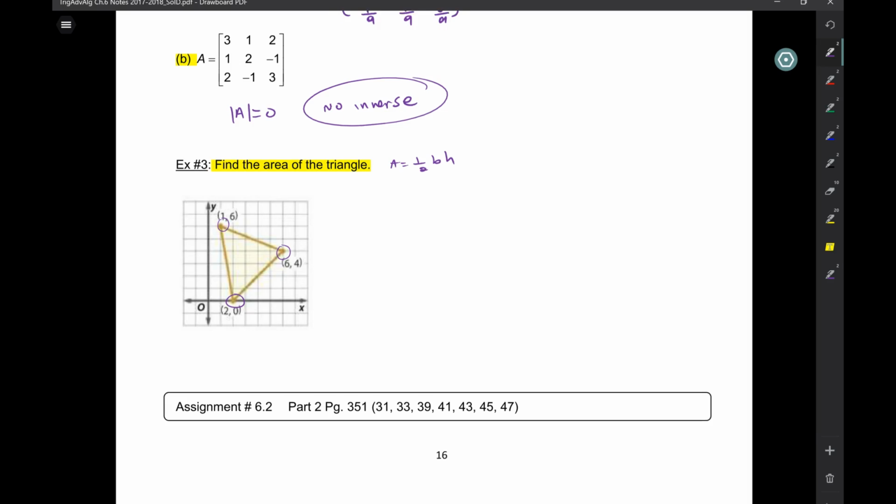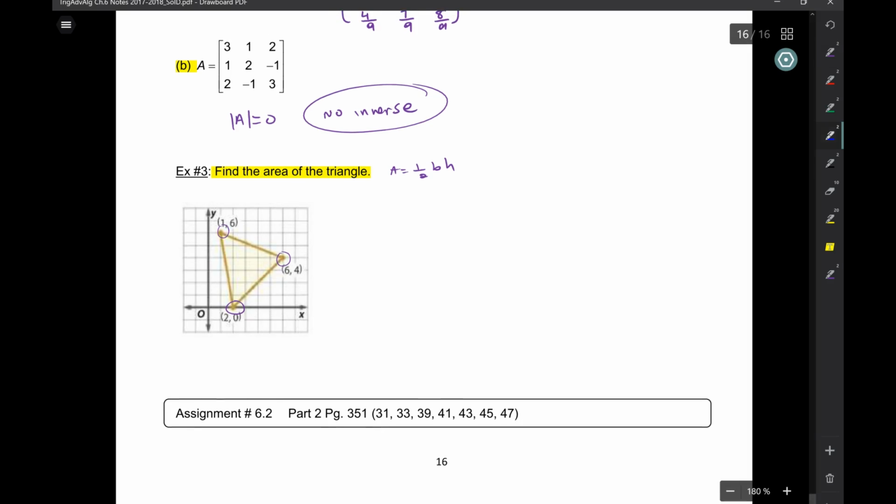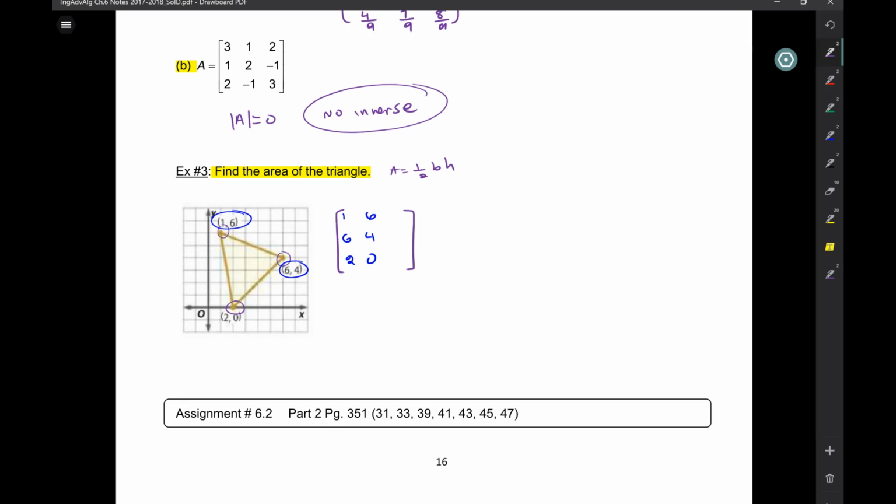So let's do matrices. Okay, we have how many vertices here? 3 vertices. I write the vertices like this: 6, 1, 6, 6, 4, 2, 0. The order in which you put the vertices doesn't matter. You could do vertex A, B, C, or C, A, B, whatever, okay? Now, we want to turn this into a matrix. We want a 3 by 3 matrix, but we're missing a whole column.